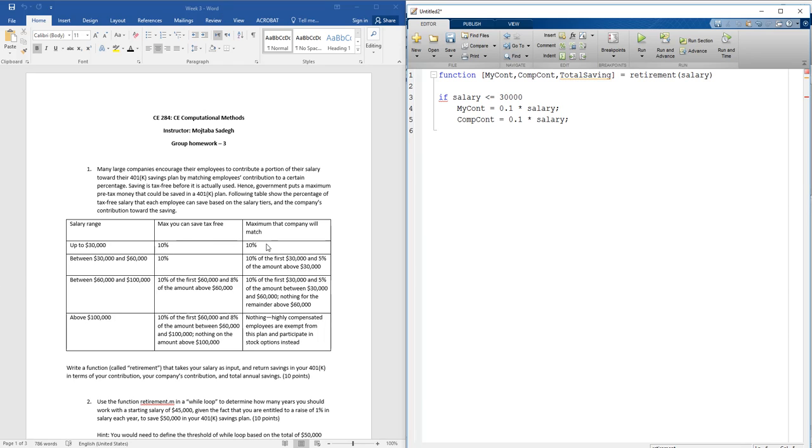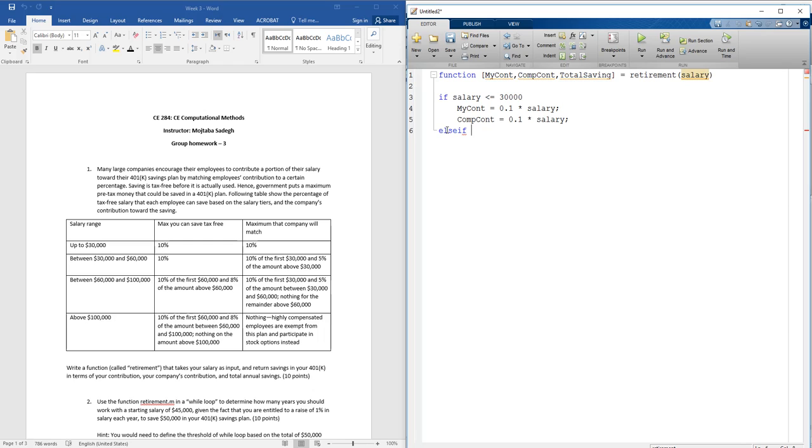If it is more than $30,000, so else if, in the class I would ask if I need to put salary more than $30,000 or not. And since we don't have the audience here, I would say, when we are using else, it means that the salary is already not less than or equal to $30,000, so it's going to be more than $30,000.